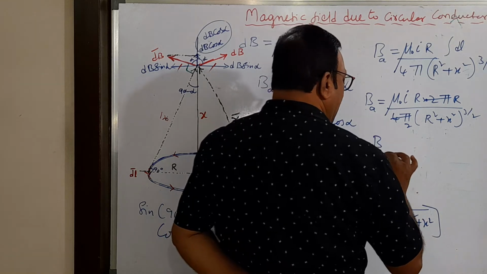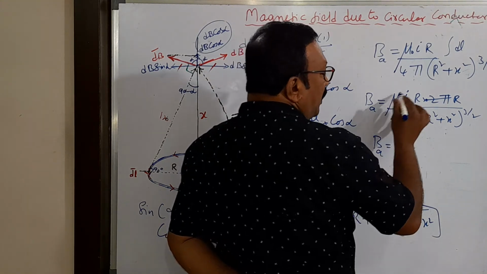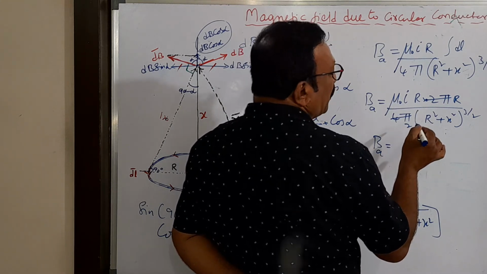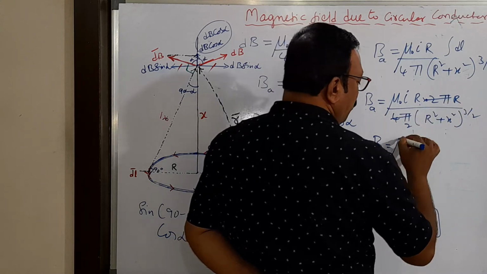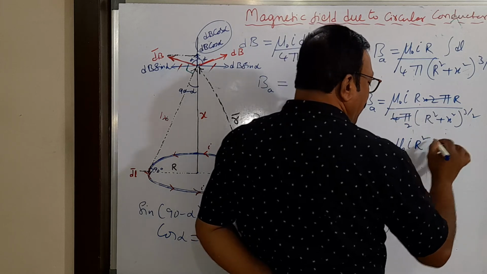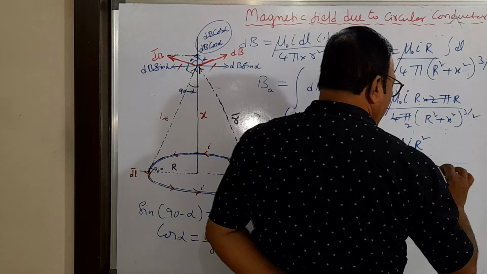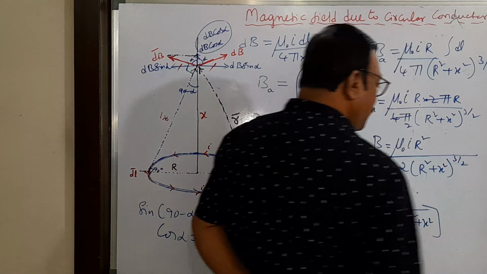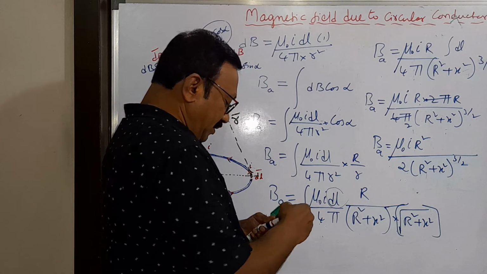Therefore B axial is equal to mu naught I r squared divided by 2 into (r squared plus x squared) whole to the power of 3 by 2. So this is the final expression.